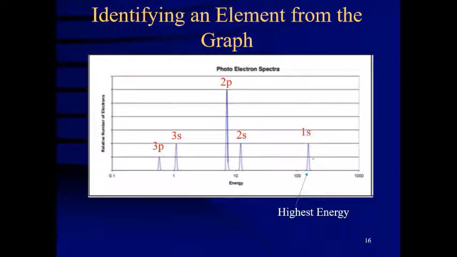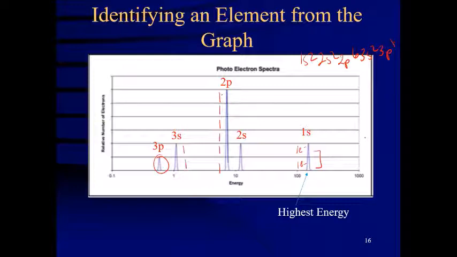And if I look at their relative heights, this amount of electrons in this one, this would be 1 electron, this would be 1 electron. So that would be 1s2, 2s2, same height here, 2s2. If you could see, 1, 2, 3, 4, 5, 6 in my relative height, this is going to be 2p6. 1, 2, 3s2, and then the 3p over here only has 1 electron in it.